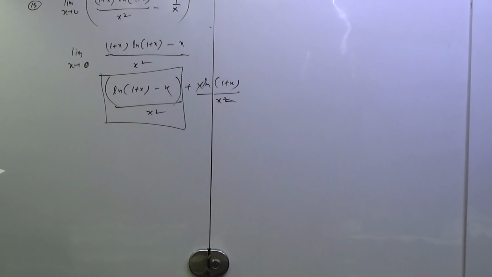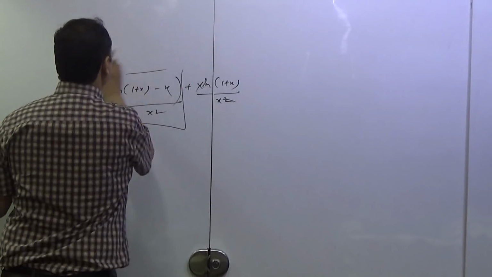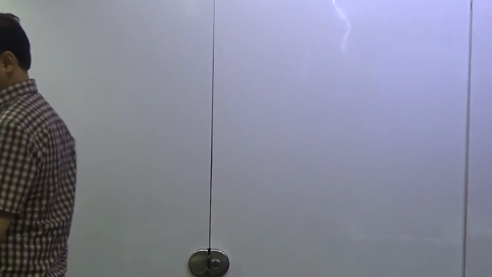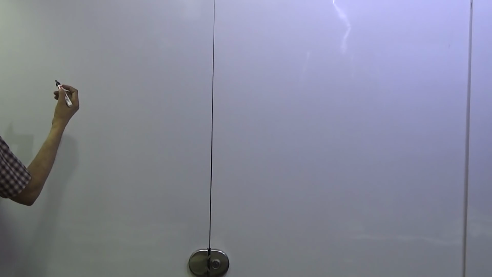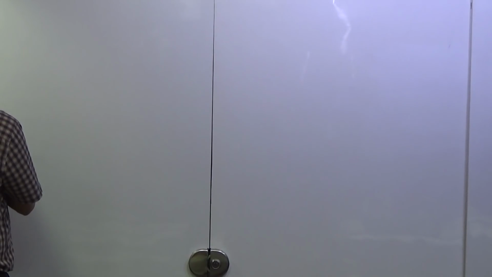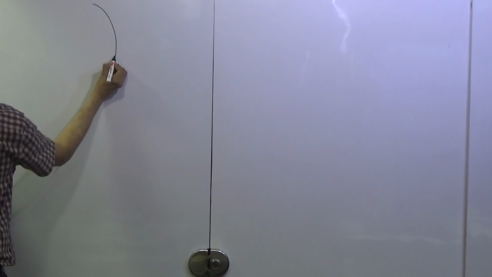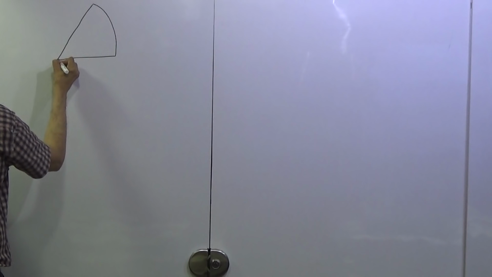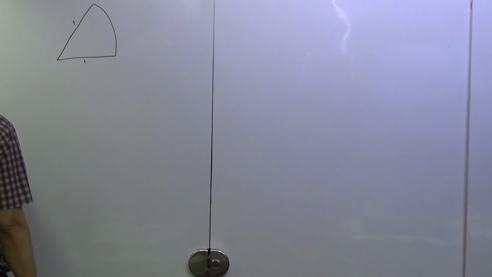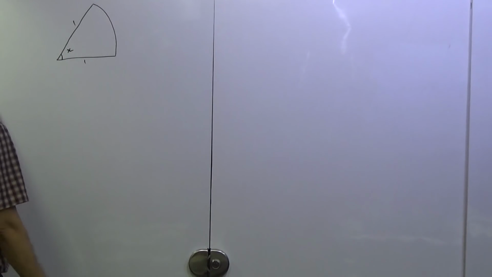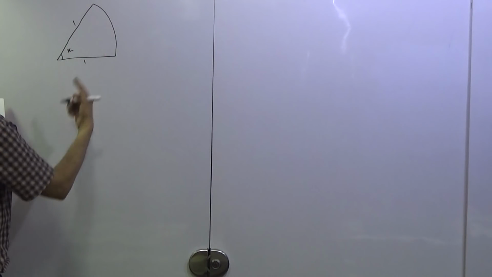It's a nice question. Read it. A circular arc of radius 1, this is your arc, its radius is given to you as 1, subtends an angle x radians where x is between 0 and pi by 2, as shown in the figure I am making here.